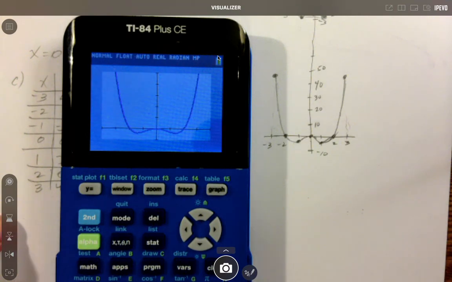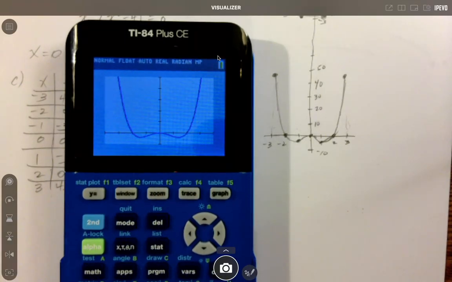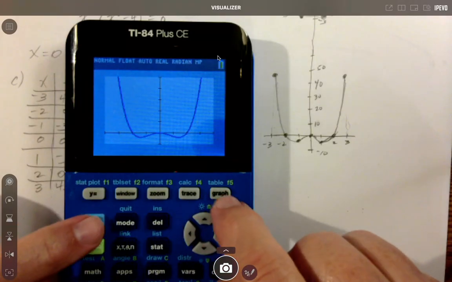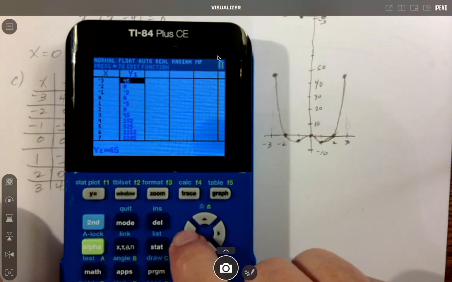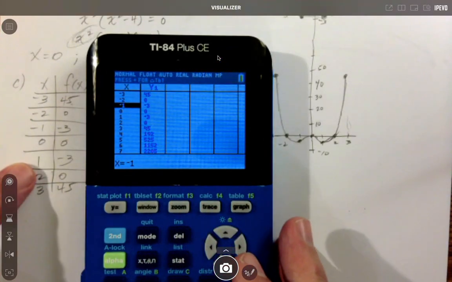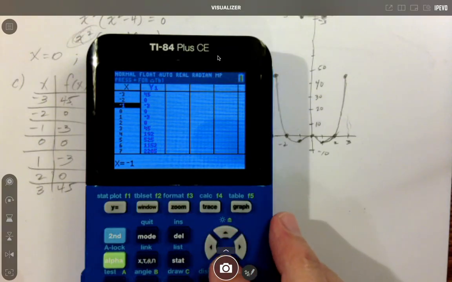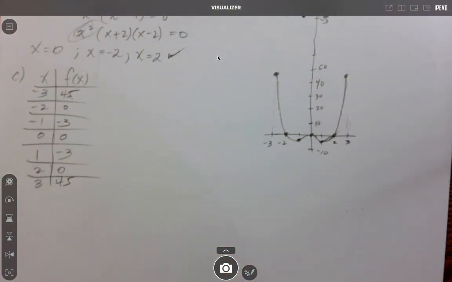All right, so it's pretty good. It looks very similar. Twins, as it were. And then you can go to your table and you can get those. These are the points we used, right, when I plugged in right here. Those are the same points or coordinates all the way to here. So that's what you should be able to do.